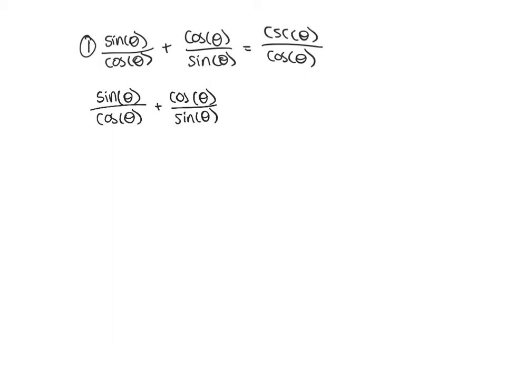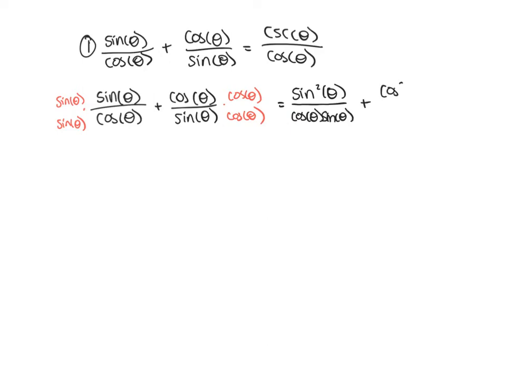So I take a look at this and I go, okay, I got some fractions. I need common denominators. So I'm going to multiply this left fraction by sine of theta, top and bottom, and the right fraction by cosine of theta, top and bottom, giving me sine squared theta over cosine of theta, sine of theta, plus cosine squared theta over cosine of theta, sine of theta.